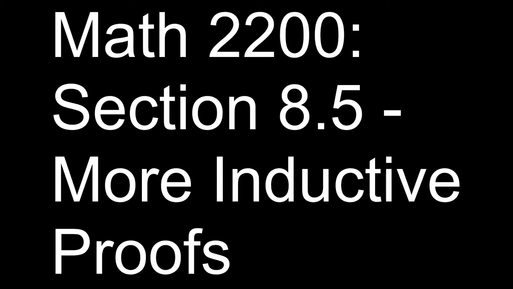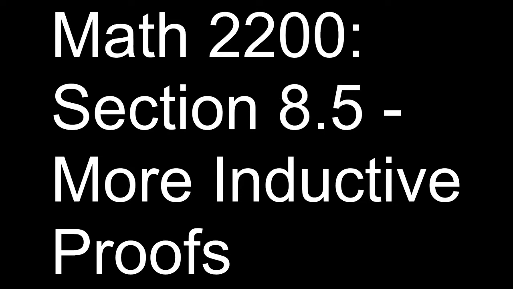So hopefully you've seen my video on Section 8.4, because in that section we were introduced to proving statements involving integers by the principle of mathematical induction, where you show that a certain base case is true, and then you prove that for all integers k greater than or equal to that base case, if the statement is true for k, then the statement is true for k plus 1.